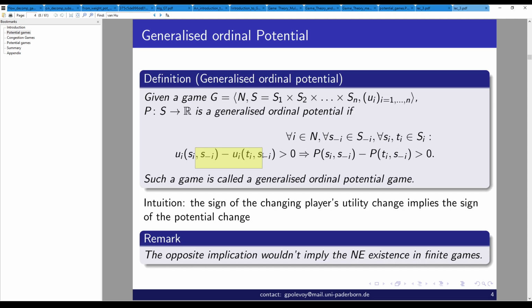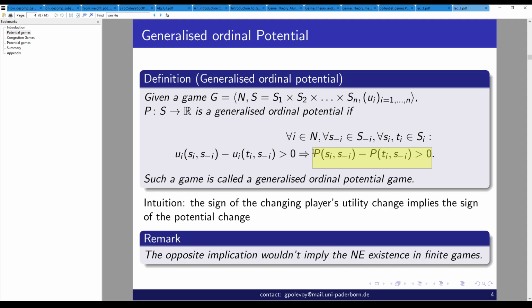And then what we say is that if that utility has grown, if the change is positive, then also the change in the potential function between the profile when everyone plays S minus I and player I plays Si, and when everyone plays S minus I and player I plays Ti, is exactly of the same sign. So if player I increases her utility from moving from Ti to Si, then so does P, the potential.